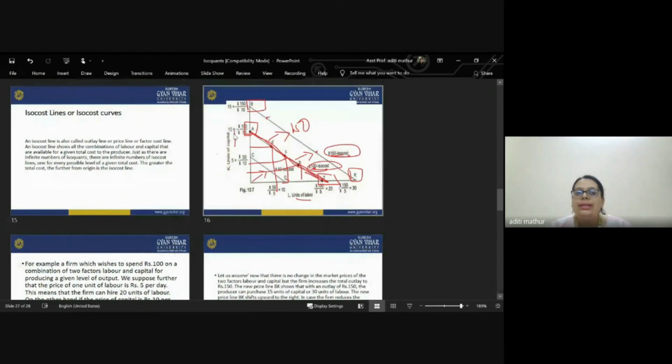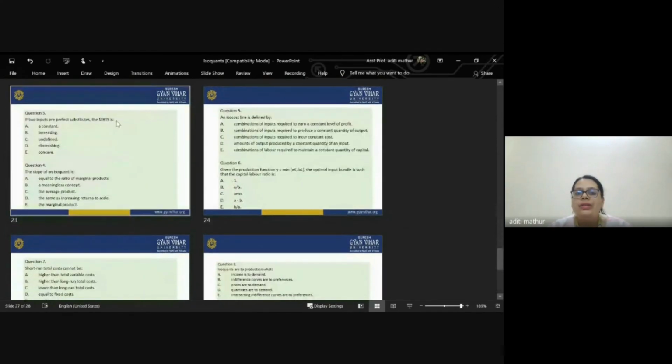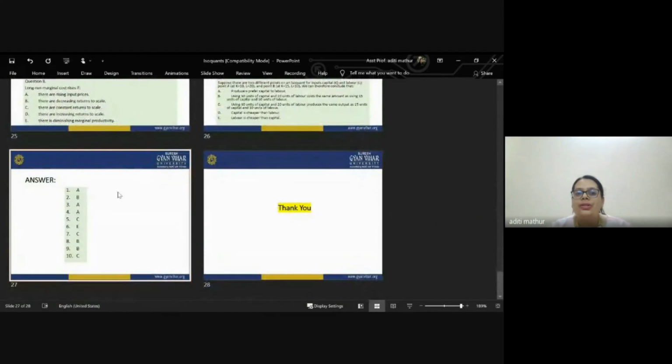Then we also discussed the IsoCost curves. And then we solved the 10 MCQ questions.